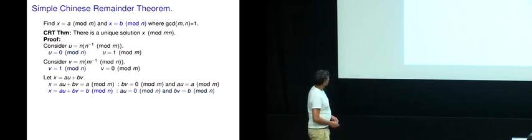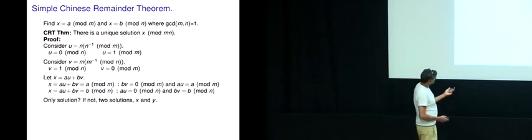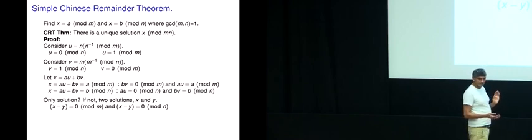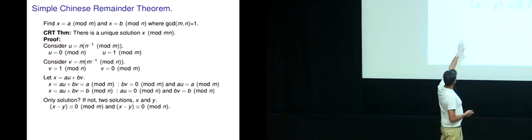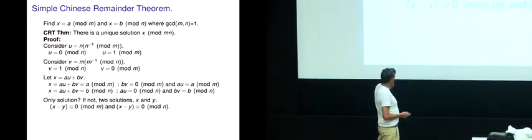Okay? Okay, is that the only solution? Then we do the standard thing. We assume there's 2. We take their difference. X minus y is equal to 0, because if they're both solutions to this equation, then that's what it means. It means x and y have the same value mod m, and x and y have the same value mod n, so the difference is 0 mod m and mod n.